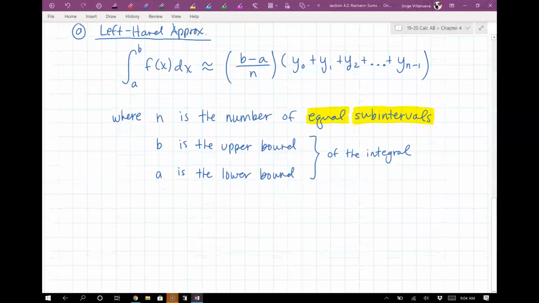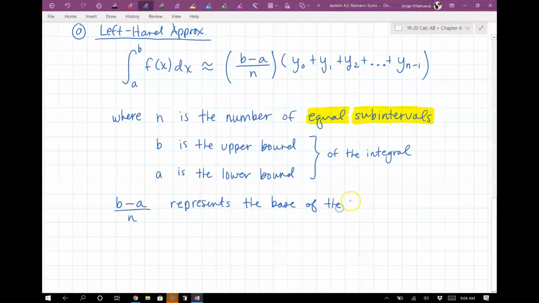Now, b minus a over n, that part that says b minus a over n, this is the base of these rectangles.